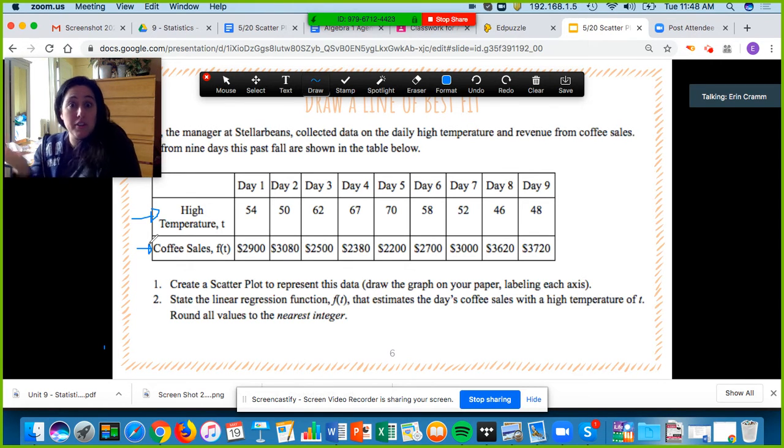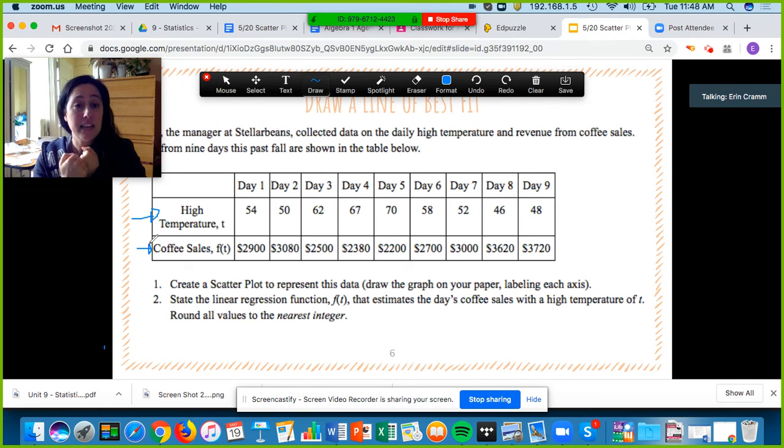Maybe when it's colder, they get more coffee. Maybe when it's hotter, it gets more iced coffee. So maybe different extreme temperatures are higher sales versus just a regular 60, 70 degree day. So we're just trying to compare those two things and see, is there a relationship between those?